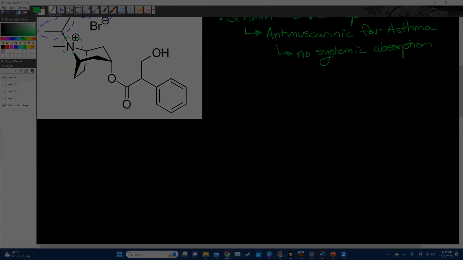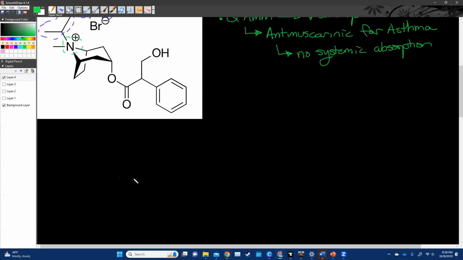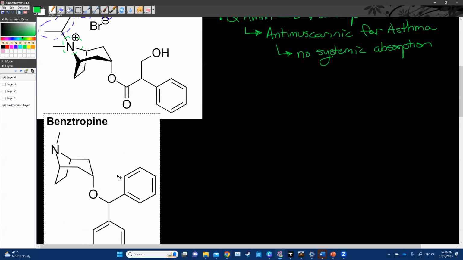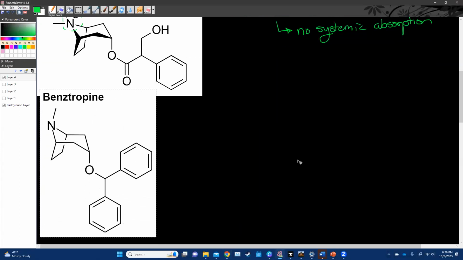I'm just not going to specifically point them out. Benztropine. What is the main difference between benztropine and atropine? What went away? We added a benzene group. Yep. But more specifically, exactly. What functional group is this?